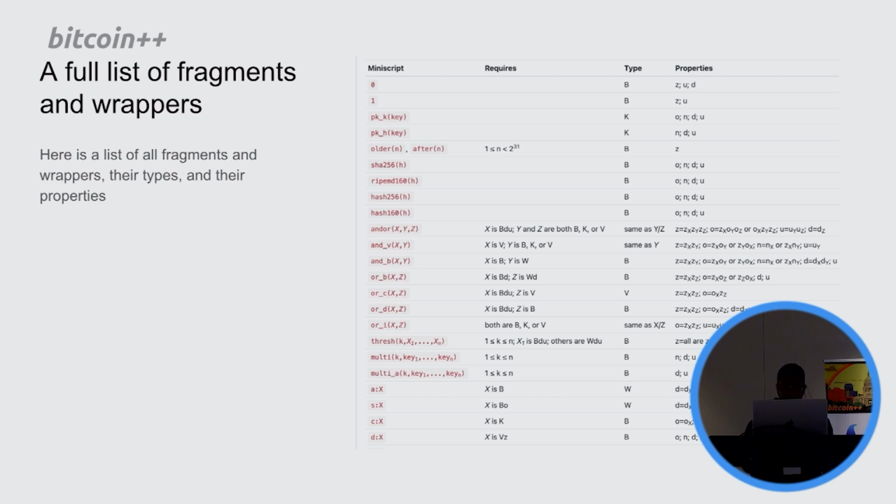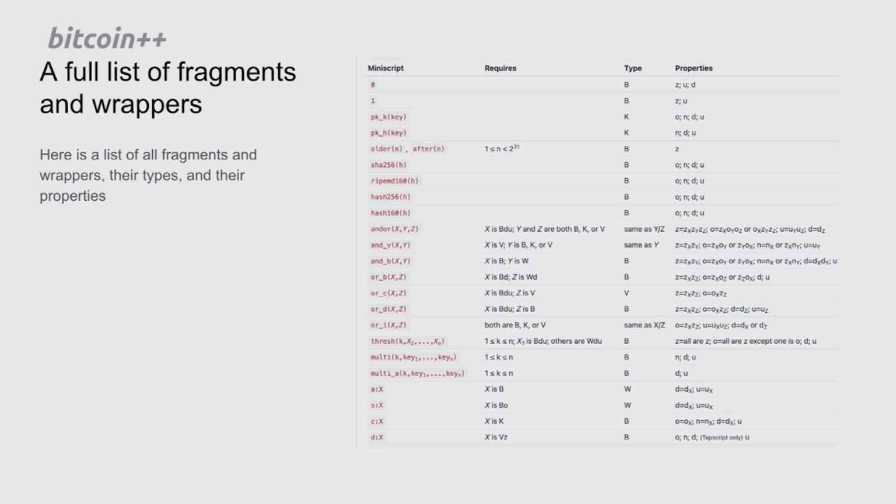So here's a full list of the fragments and wrappers. It's probably hard to see on the projector, but the types are these one-letter types: base, verify, key, wrapped. These letters represent those types. And then you have these properties, which are also represented by letters.